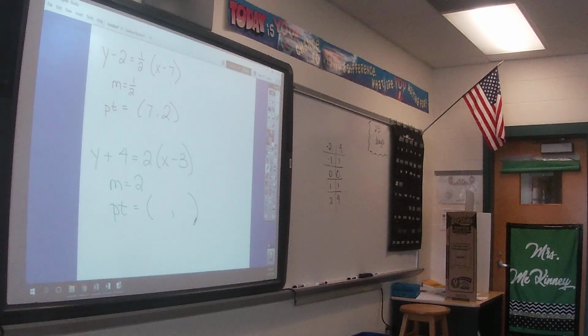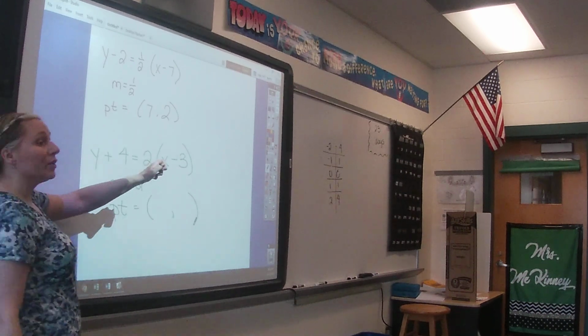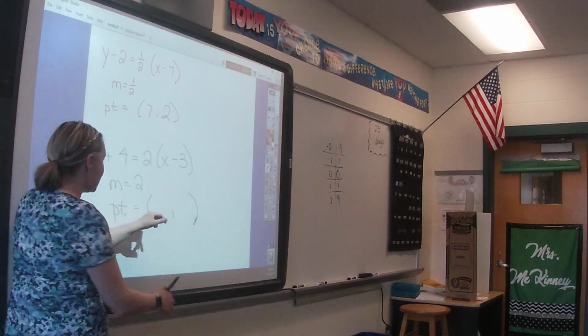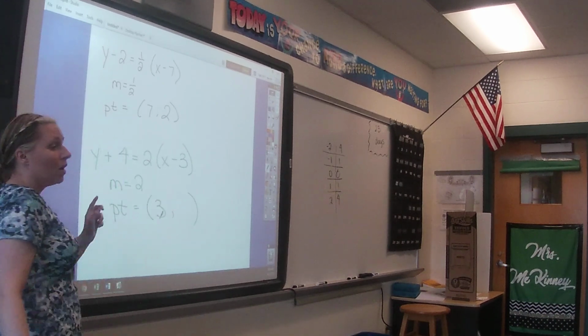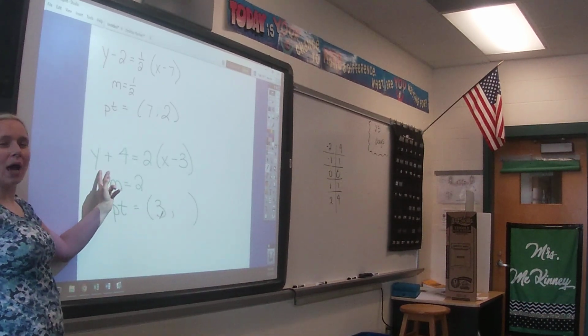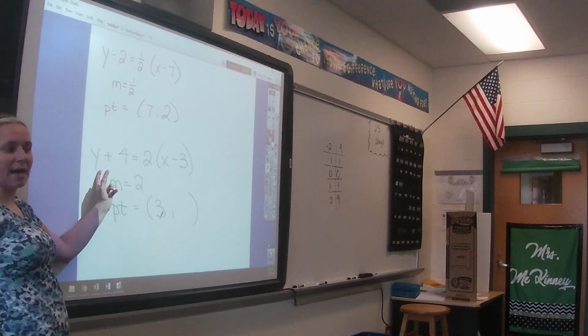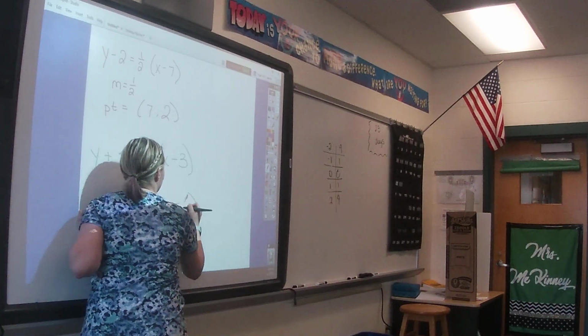Okay, for our point, again, we're taking the opposite sign. So our x value looks like a -3, so we're going to write down a +3. Our y value looks like a +4, so what are we going to write down? A -4.